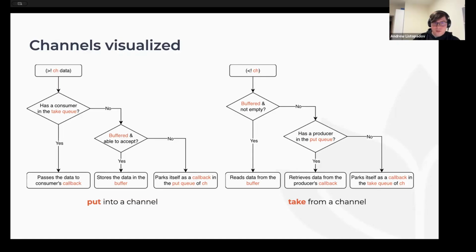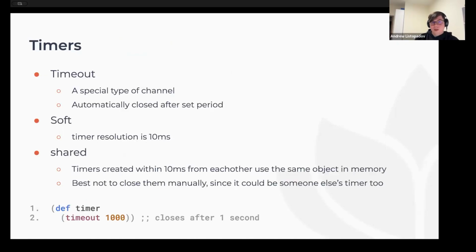Okay. So timers. As I said, they are just channels, but they are automatically closed after a set period of time. And even though they are just channels, we can wait on them, and we can try to put into them. I'm actually not sure what will happen if we try to put into a timer. But there is some interesting stuff about timers because timers are soft.